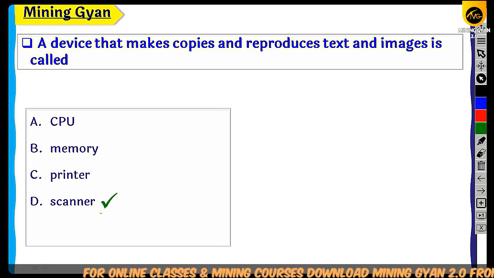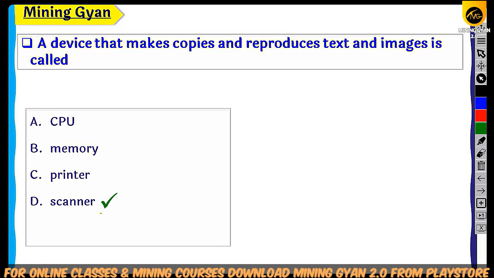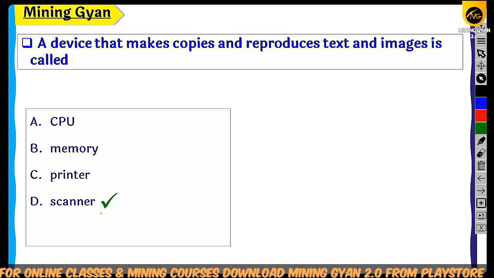A scanner can make copies and also reproduce the text and images in digital form. So option D is the correct answer. A scanner can be used to scan and also make copies of any document.